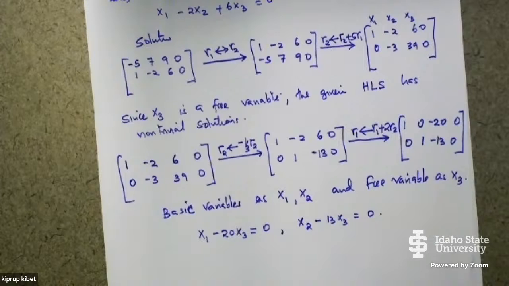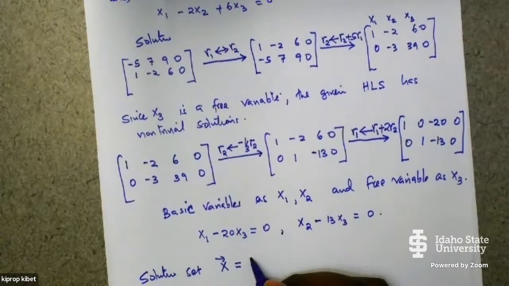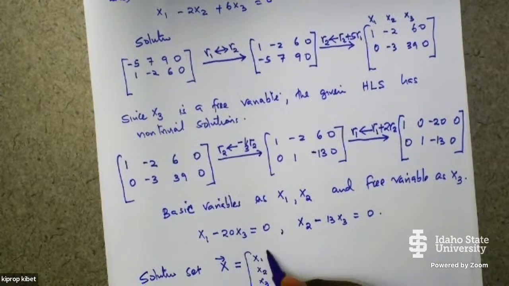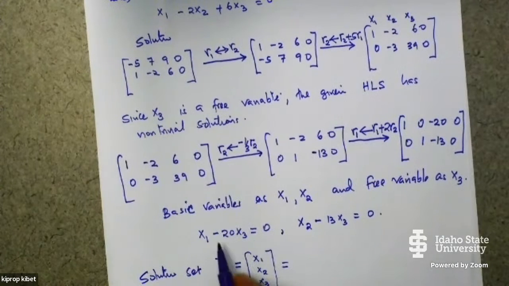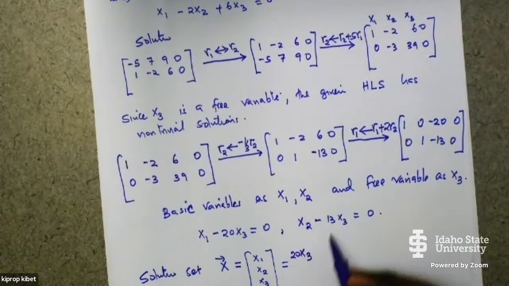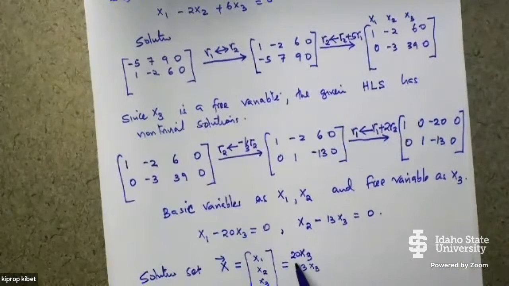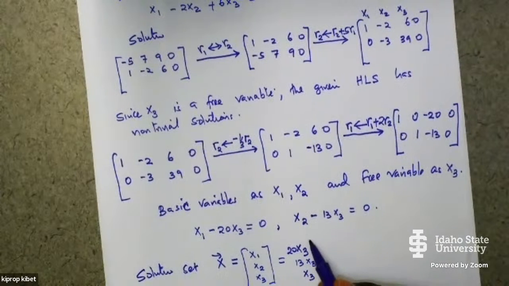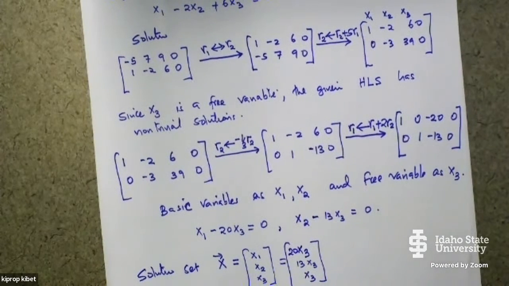So what is our solution set? Our solution set is x equals x1, x2, x3, which equals, making x1 the subject, we take x3 to the other side: 20x3 for x1, and 13x3 for x2. Our free variable is x3.